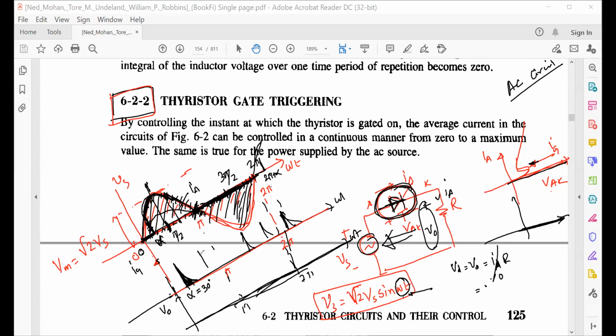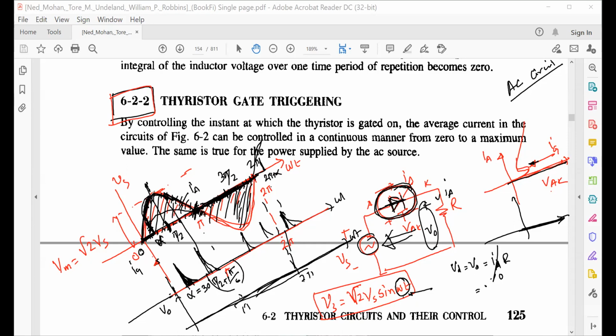You can fire your thyristor here, maybe at pi/2 plus pi/6, that is 90 plus 30, 120 degrees. So firing pulse needs the knowledge of your input voltage.